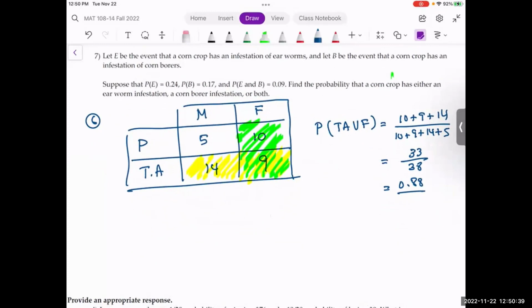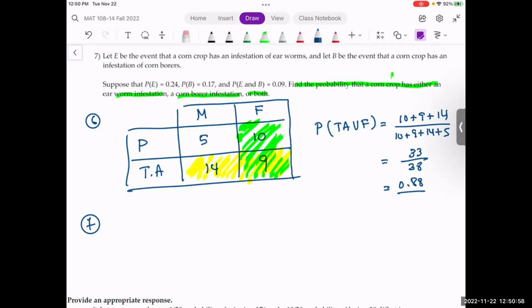Okay, number 7. So I am looking for the probability that the corn crops have either a worm infestation or corn borer infestation or both.